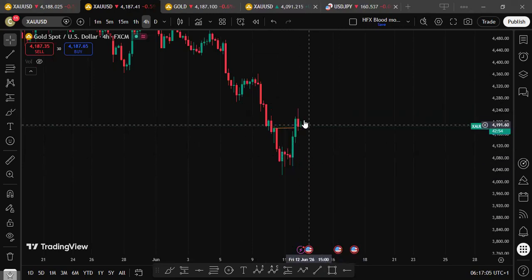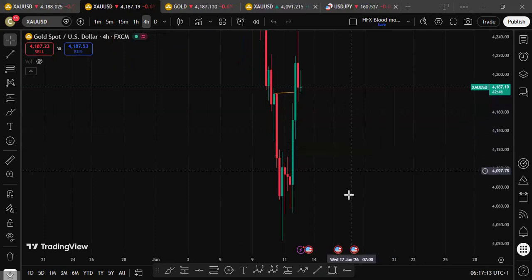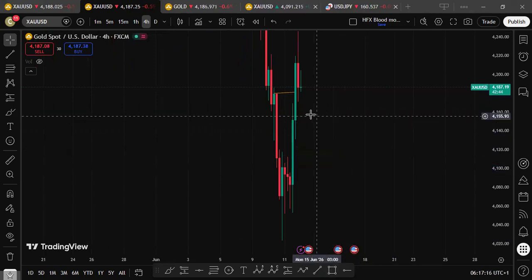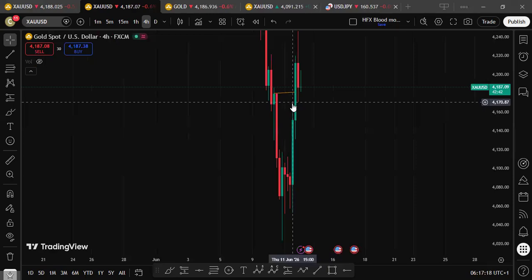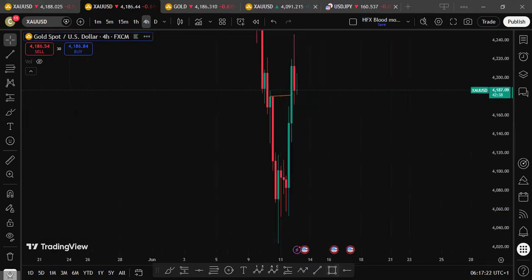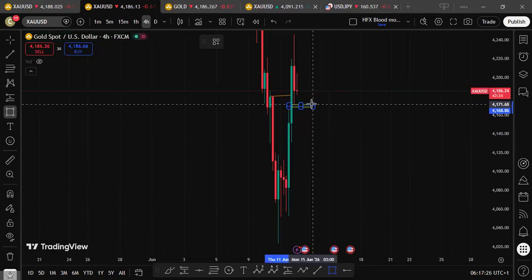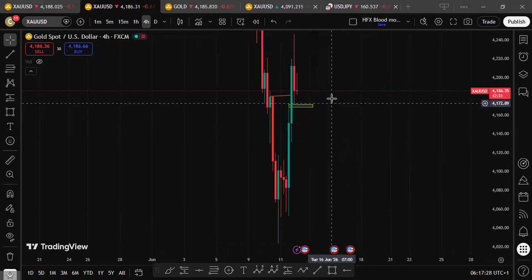So what I'm expecting here now is for this market to go to the FVG down here on this 4 hours time frame. Though on this particular chart I don't draw FVGs, I just use purely support and resistance here, let me show you something. There's an FVG down here at 4171, right?